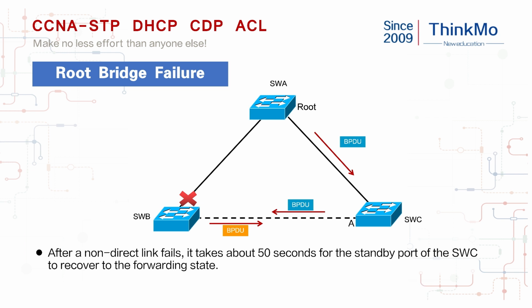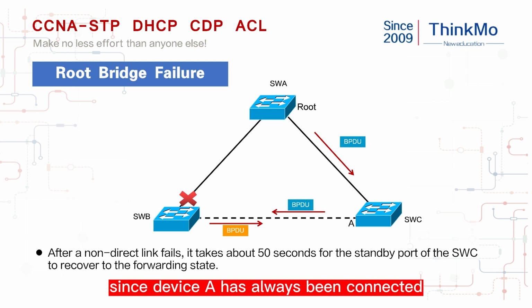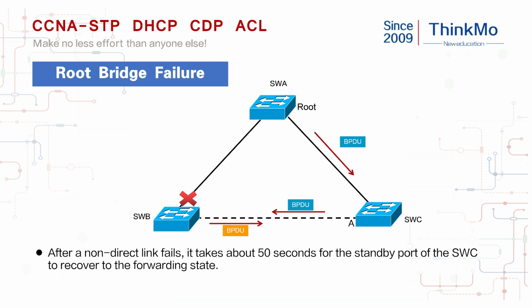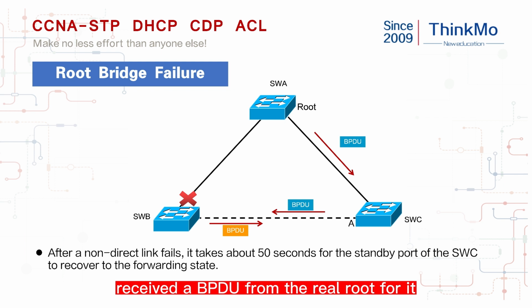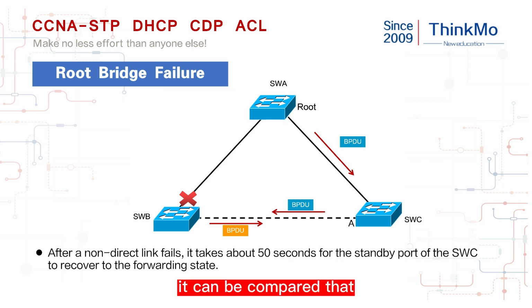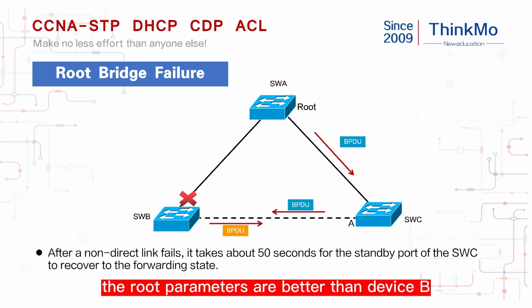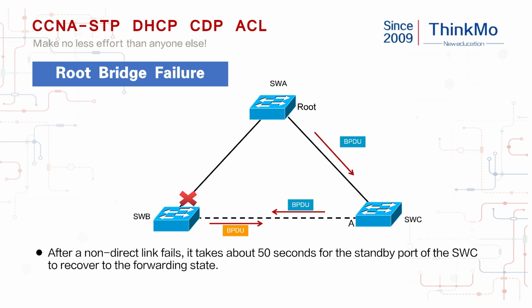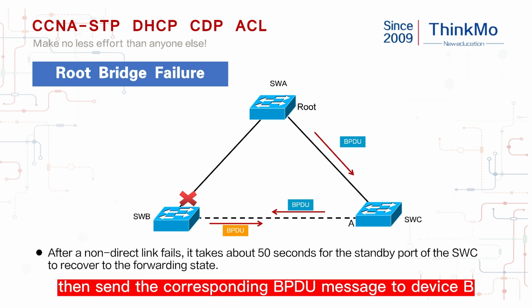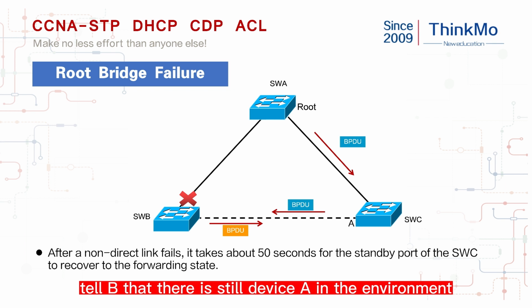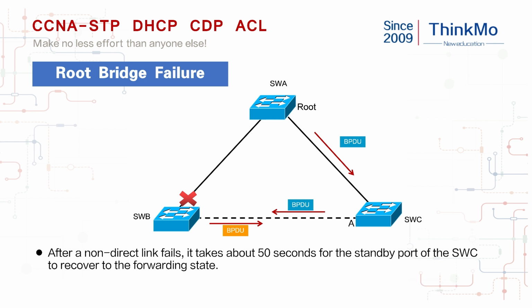However, since device A has always been connected from the upper interface and received a BPDU from the real root, it can compare and see that the root parameters are better than device B's. So device A will now also open its own port, then send the corresponding BPDU message to device B. Tell B that there is still device A in the environment, and that B is not the root.